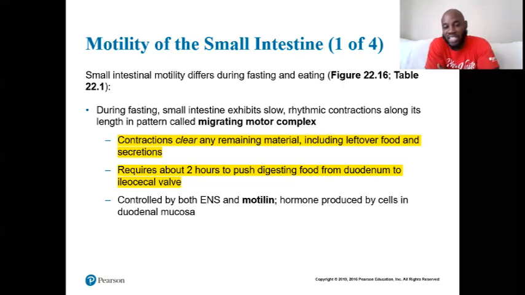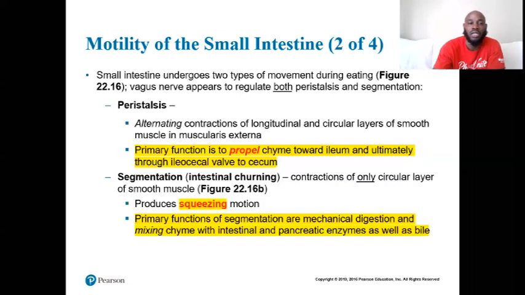This is controlled by the ENS, the enteric nervous system, part of your autonomic nervous system, and motilin, a hormone produced by cells in your duodenal mucosa. So what happens? We have peristalsis, very similar to what happens in your stomach.